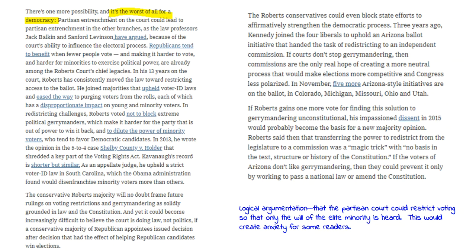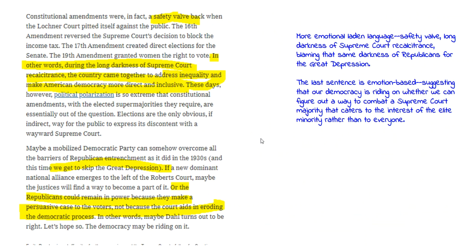But in these articles, she makes the argument that the Supreme Court could restrict voting so rigorously that finally only the elite will be able to vote, and a lot of people who could benefit from broader, more inclusive sorts of rulings, they just won't have a voice. And then here's her conclusion.